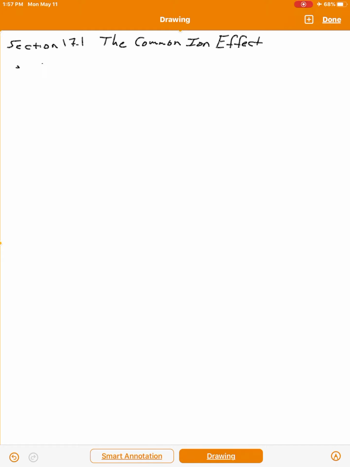Let's say that we have an initial concentration of acetic acid, and I'm going to write the chemical formula like your textbook does, of 0.1 molar. And let's run through a quick calculation of figuring out what the pH is. Let's remind ourselves that the Ka for acetic acid is 1.8 times 10 to the negative 5.